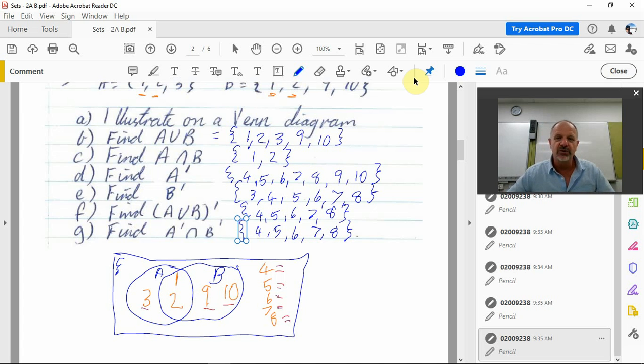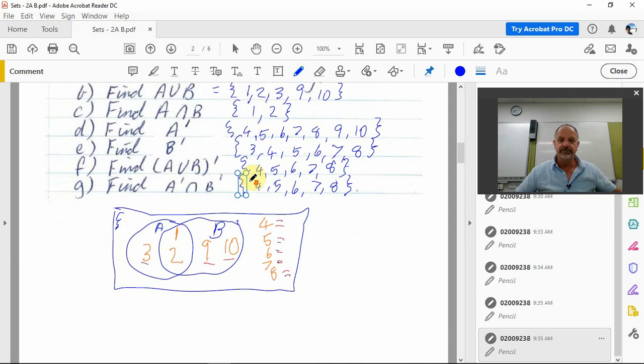You just need to be guided by what the question's asking for. If you forget what these symbols are, make sure you go back to the definitions sheet and refer to that until you get used to what's going on with it.